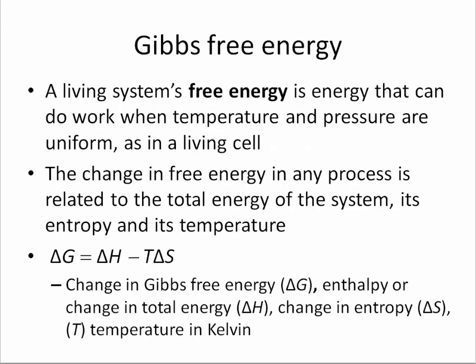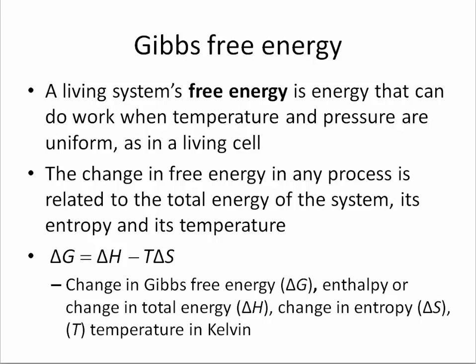So there's this other concept of free energy, or Gibbs free energy. A living system has some energy that can do work when the temperature and pressure are constant. But the change in free energy in any process is related to the total energy of its system, its entropy, and its temperature, and it's given by the mathematical formula that is depicted on the third bullet.